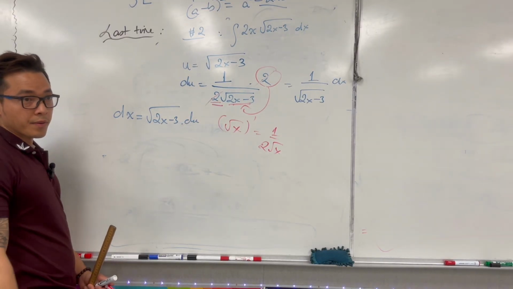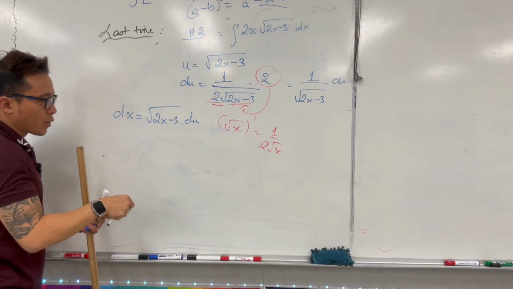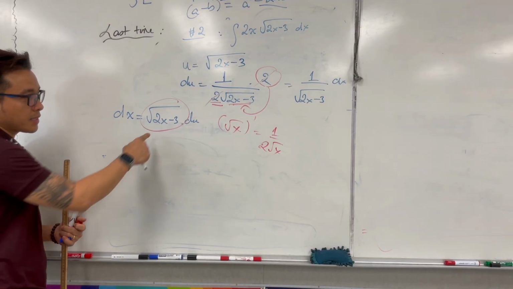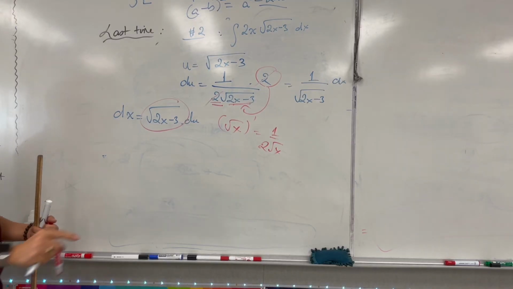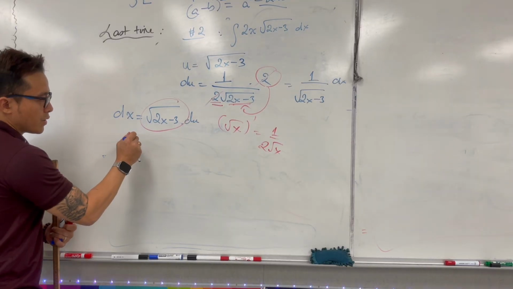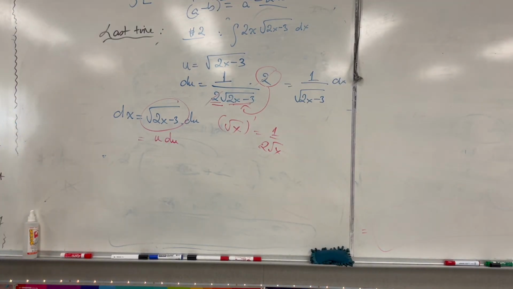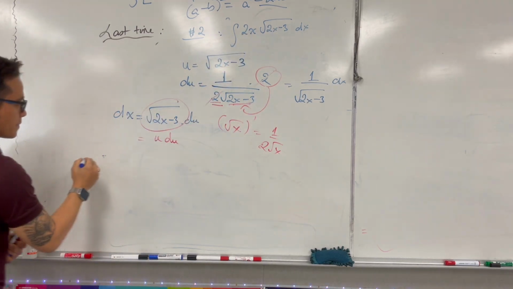You multiply both sides by this, so this is gone, and dx equals this. This is actually the same u. That's the good thing about square root: when you take the derivative, they're not gone, they just move to the bottom. So this is equal to u du. Now let's replace everything in the original problem.